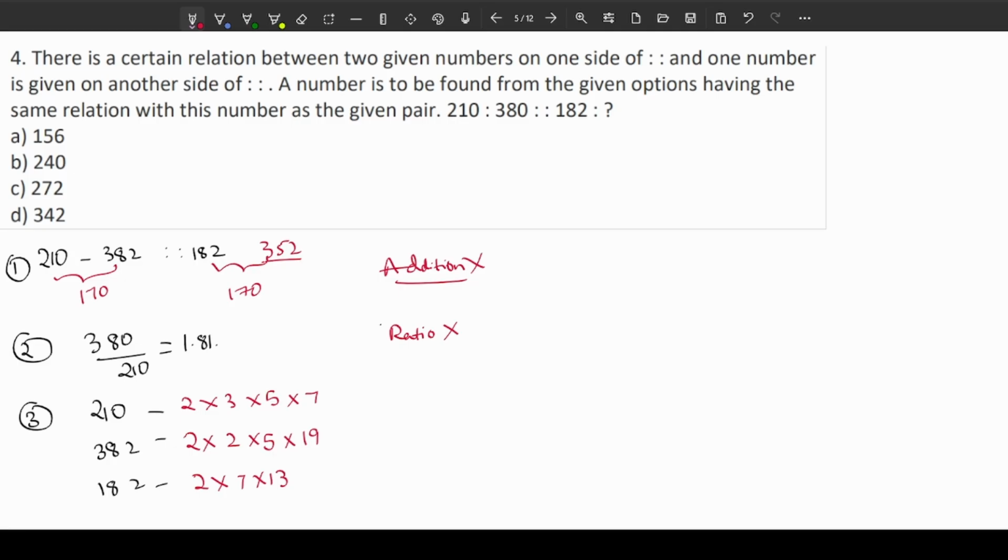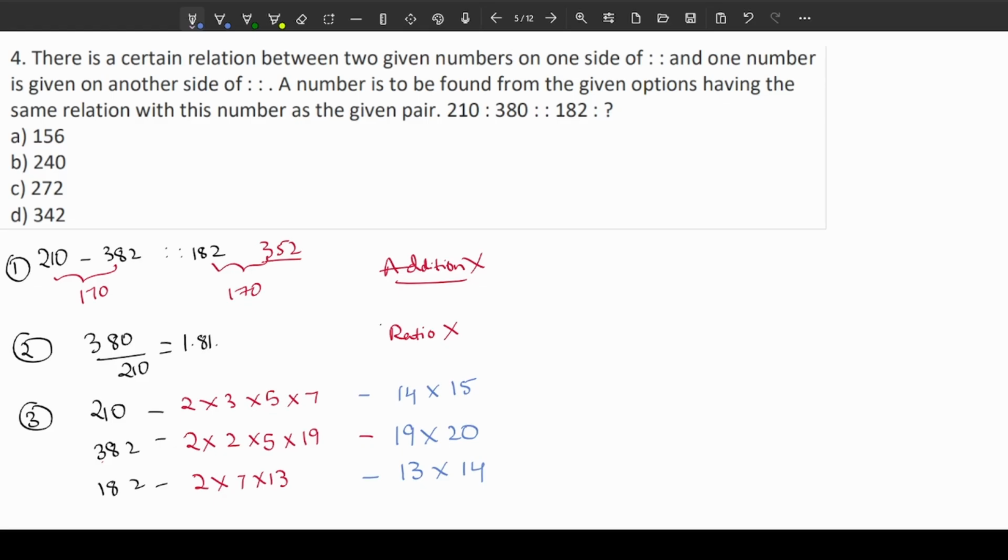These are the factors of 210, 380, and 182. I can see some sequence here. I can see it is 19 and the rest is coming out to be 20, and then there is 13 and the rest is coming out to be 14. Similarly, let's see if we get some sequence for 210. I can see it is 14 into 15.